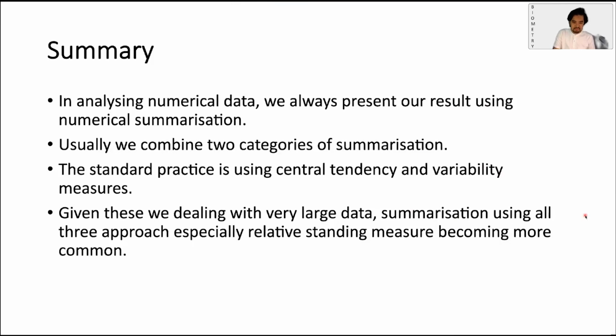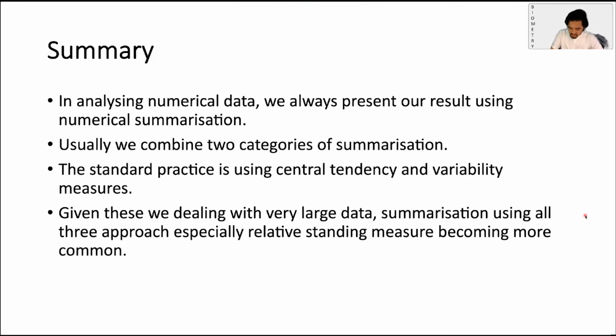This is very important, especially when we're dealing with very large data. For example, if you're dealing with transcriptomic data or any form of data these days, you tend to deal with very large data. So you need some mechanism to summarize, to make sure the readers understand.